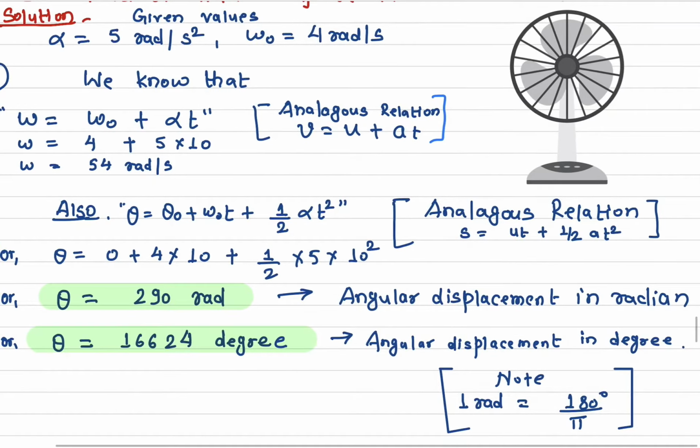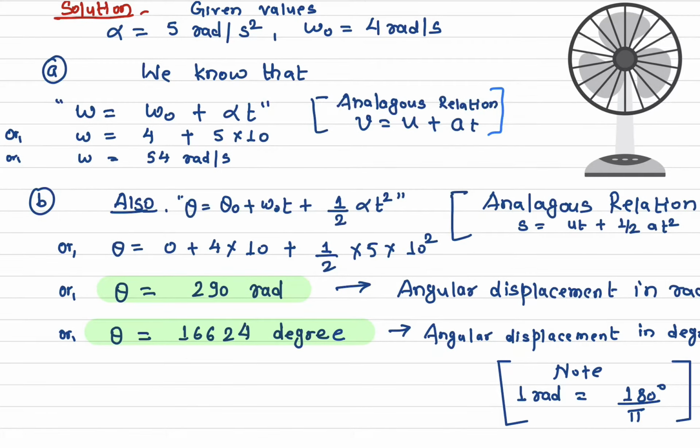So if you have studied this relation s equals ut plus half at squared, then you should be able to write the corresponding relation in rotational dynamics. In rotational dynamics, the s is the angle, because it is now revolving about its axis.